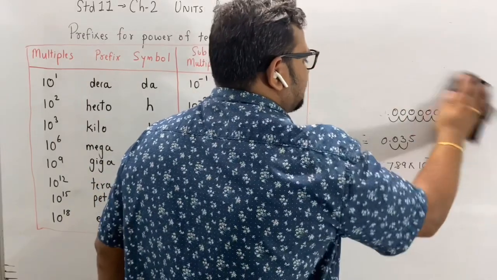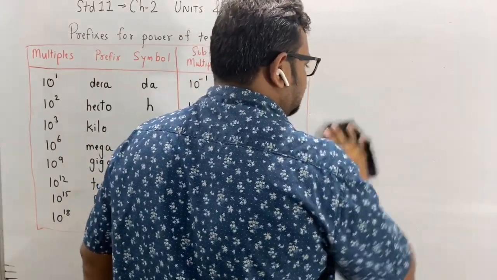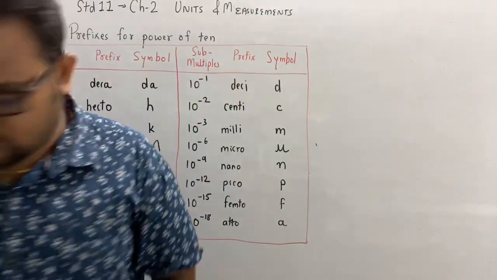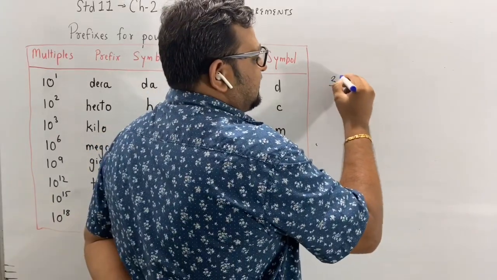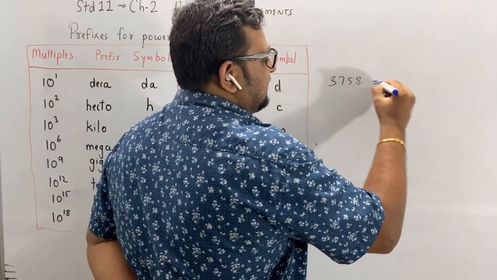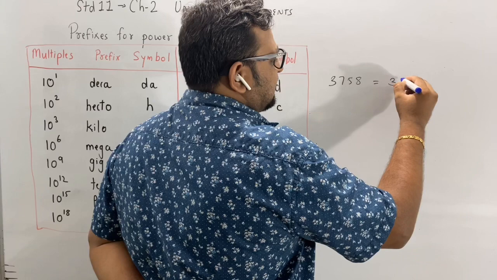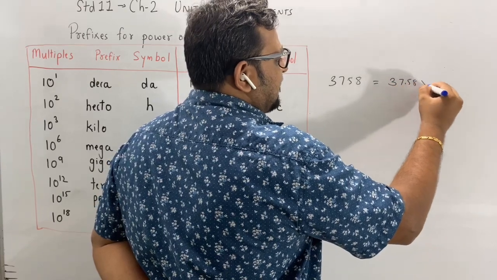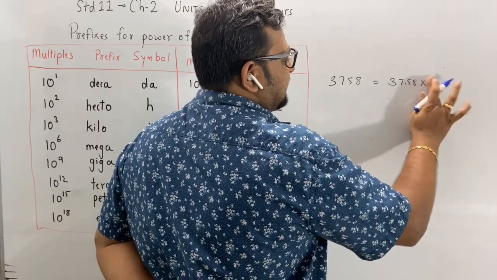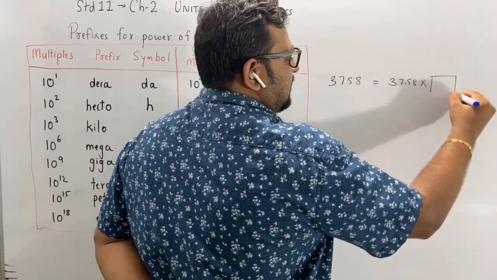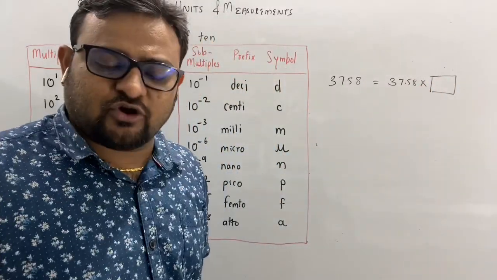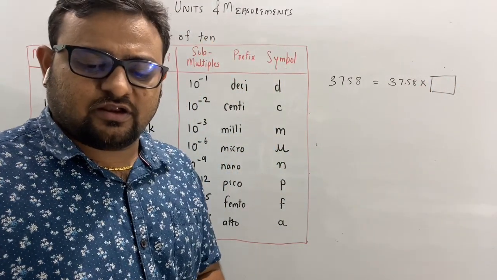So I'm giving you some questions for that. 3758 is equal to 37.5 into 10 raised to, box. You have to fill it in. Clear?